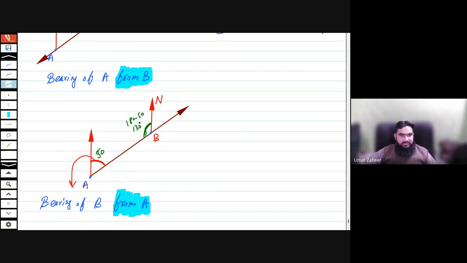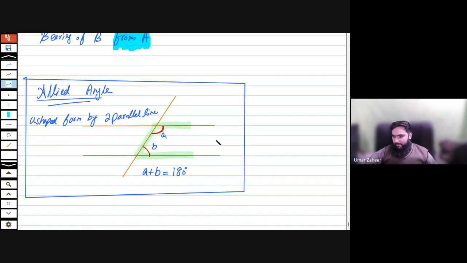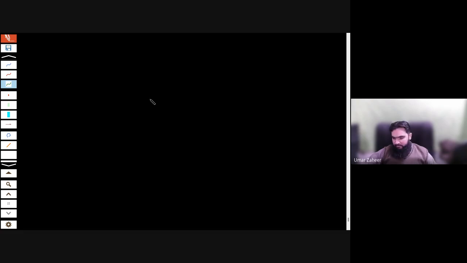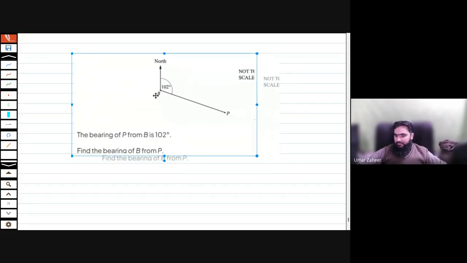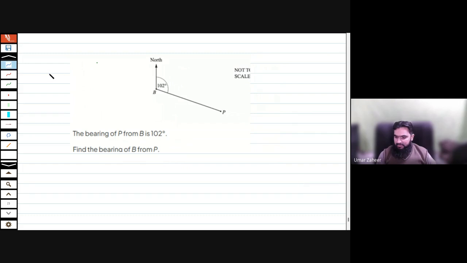All right, so let's see how to go for the question. Now look here. The bearing of P from B is given. You have to stand on B towards the north and move till P. This angle is given, that is 102 degrees.